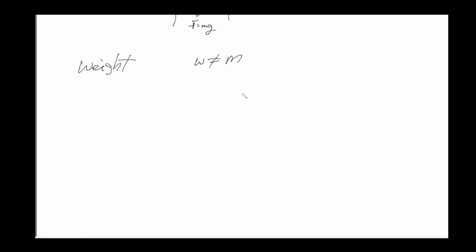So what determines mass? Well, we know F equals ma, so mass is equal to F over a. So basically, mass is determined by what amount of force is required to accelerate an object to a certain level. That determines your mass. And the more massive you are, the more force it will take to reach a certain level of acceleration.